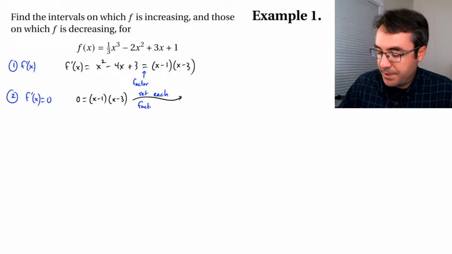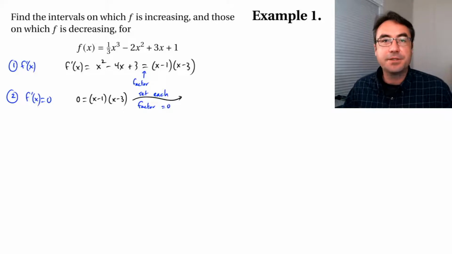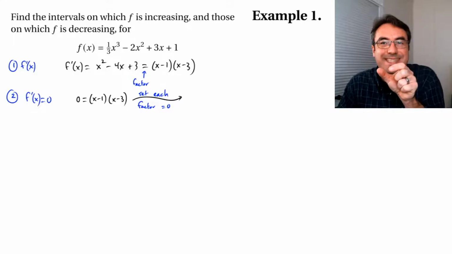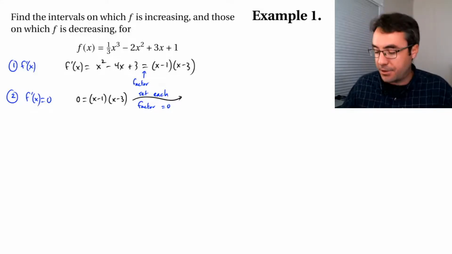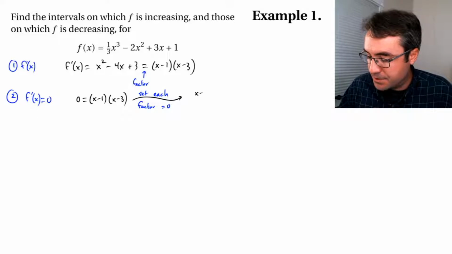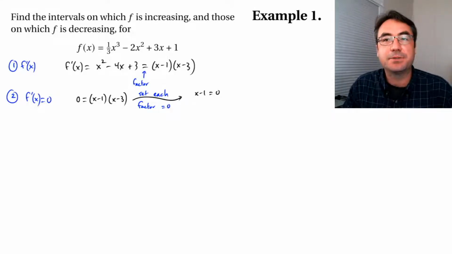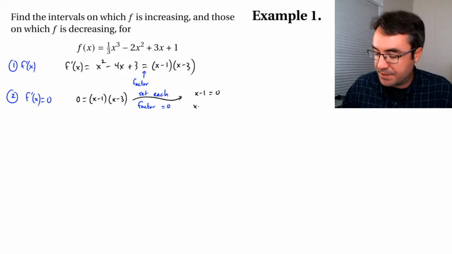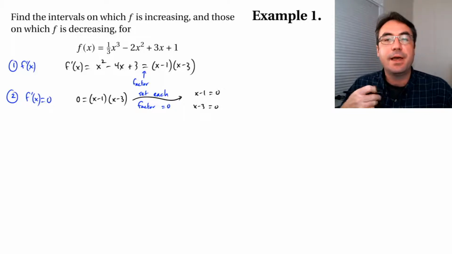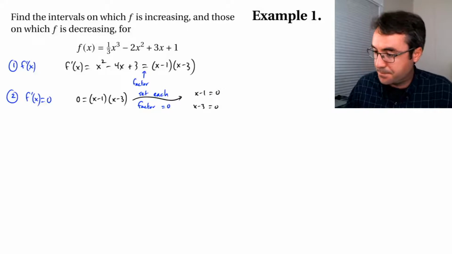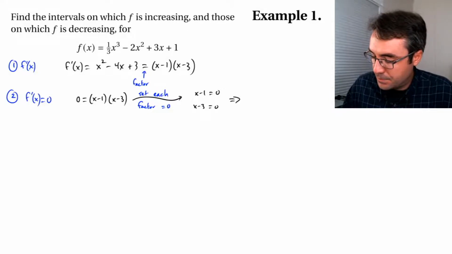That's why factoring is one of our nice solution techniques for solving for x, because then we can just take each of those simpler individual factors and set those to 0. So we set x minus 1 equal to 0, we set x minus 3 equal to 0, and then those are easy to solve. So we get x equals 1 and x equals 3.